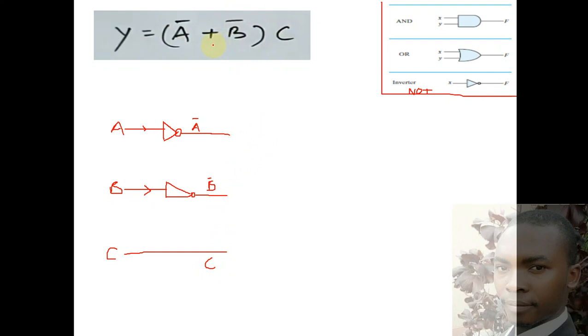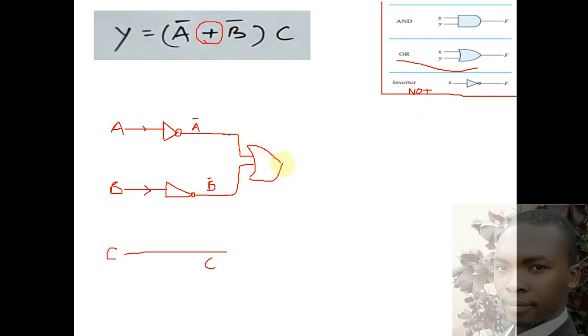So these two have an OR in the middle, which is a plus. So we pass it through the OR gate. The OR gate is right here, so I have to draw the OR gate, which is like that.